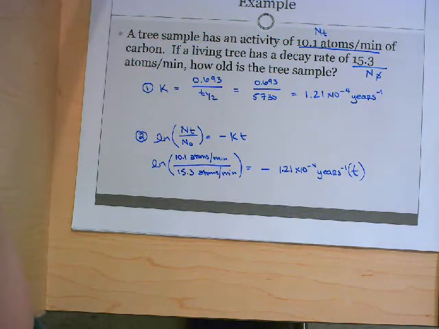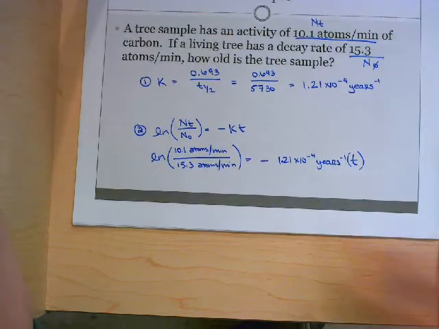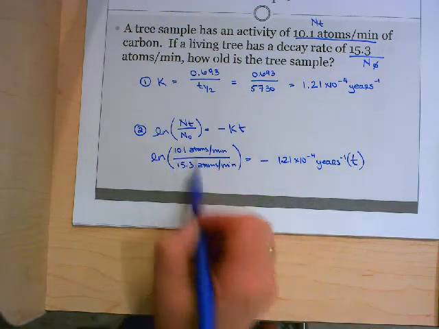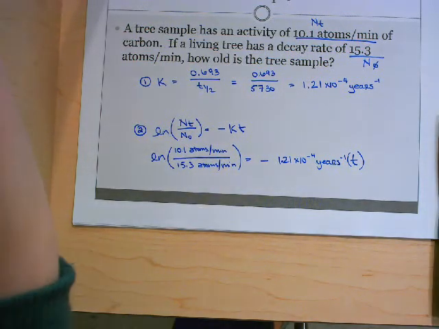Alright, what should I do first? Of all the mathematical options in terms of operations, what's the first one I can do? Okay, right, find this division and do the natural log of that to start.